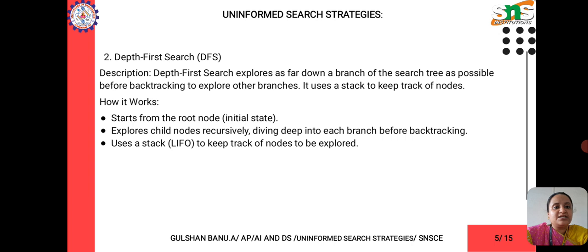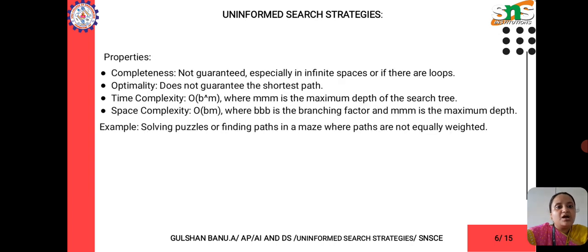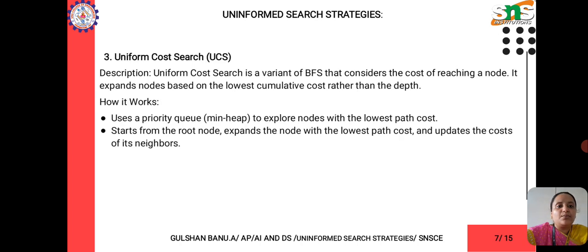It uses the last in, first out process. Completeness is not guaranteed. Optimality: it does not guarantee the shortest path. The time complexity and space complexity of this are as follows. An example of it is solving puzzles or finding paths in a maze where paths are not equally weighted.